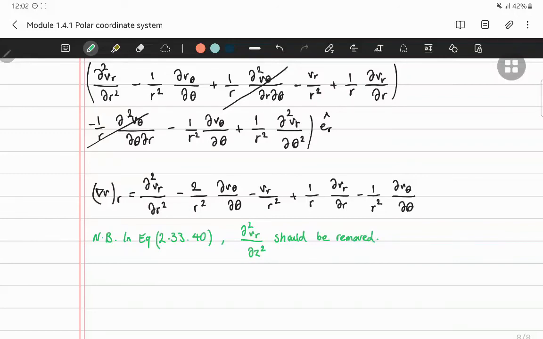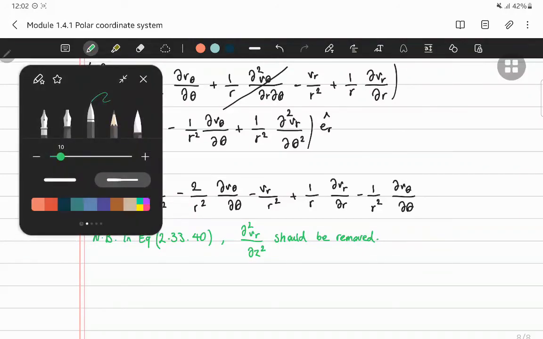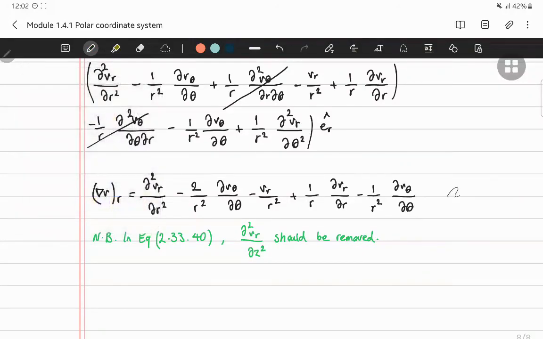It is just a typo. So just remember this one. This is the equation 23340.